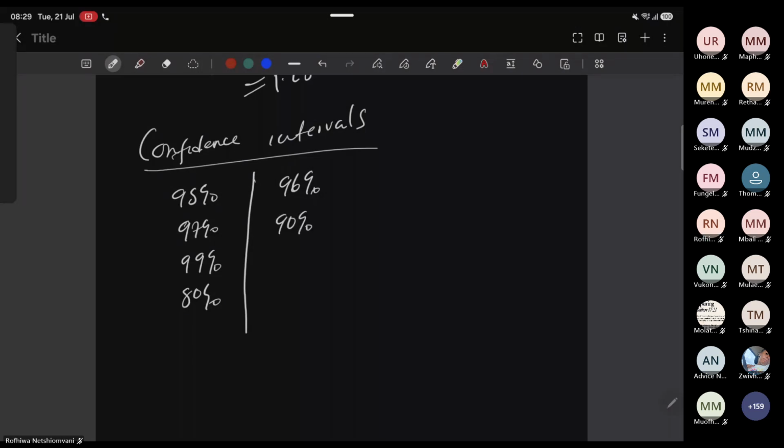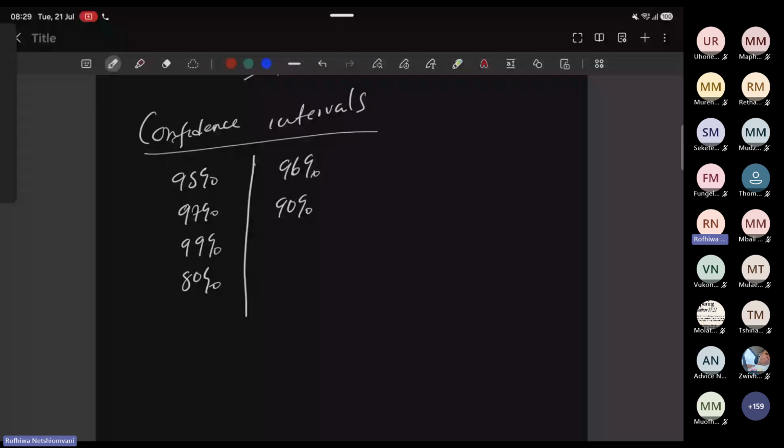Your job is to go and make sure that you understand how to find for 95, 97, 99, 80, 96, 90. So this should be 1.96. I don't know this one. 99, 0.005, we did 2.58. This one should be 1.64. I don't know this one. This one we just did, it is 1.28.